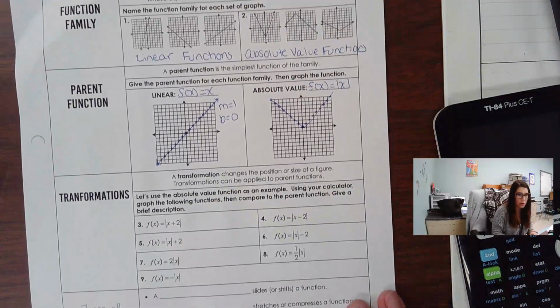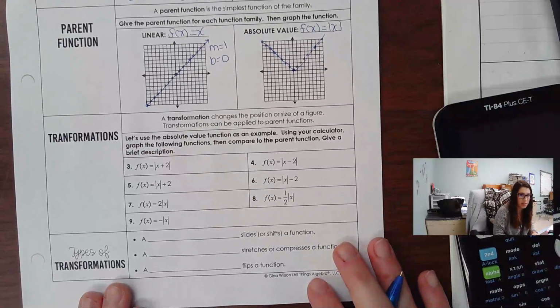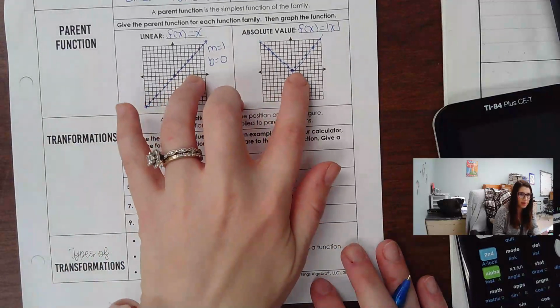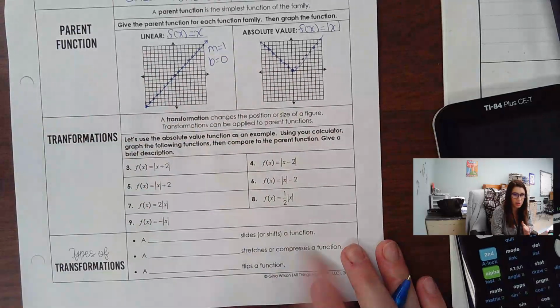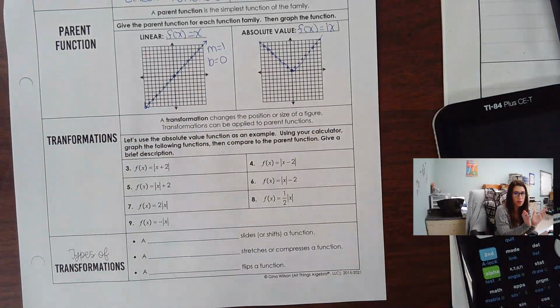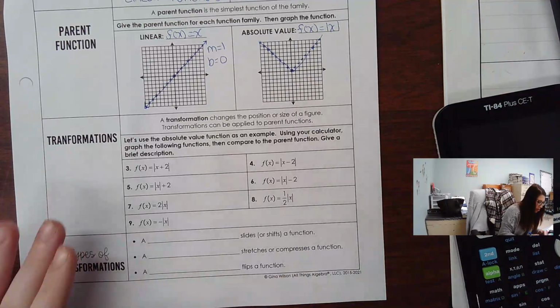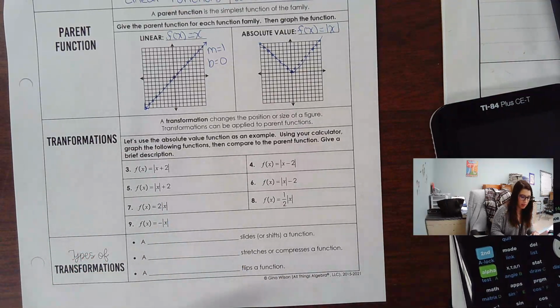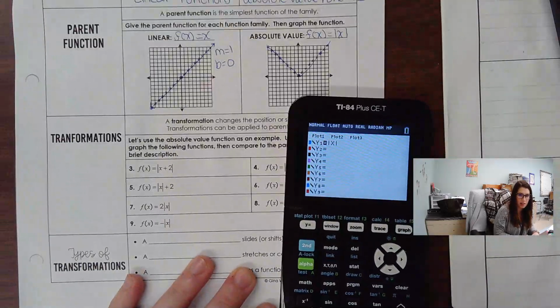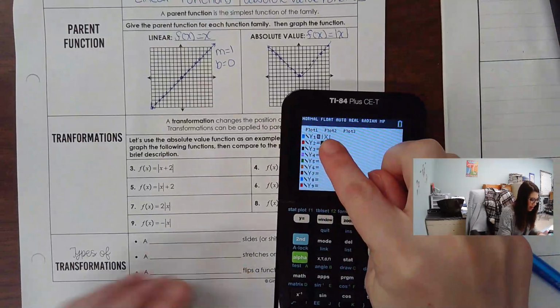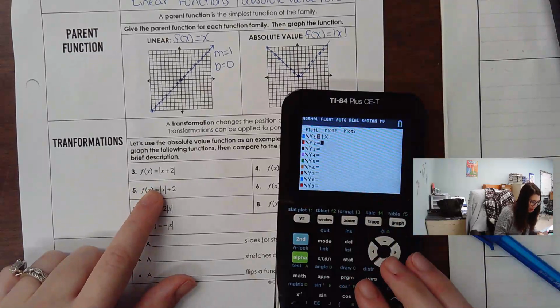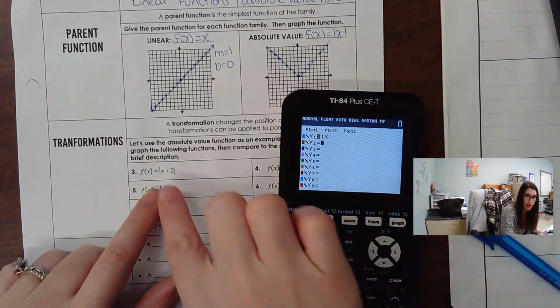So then what we're dealing with today are transformations. So we start with these parent functions, and then we either slide them to the right, the left, up, down, or you can make your absolute value skinnier or bigger. So what I'm going to do is, in my calculator, notice I put the absolute value of x. I want to see what happens to that when we do x plus 2.